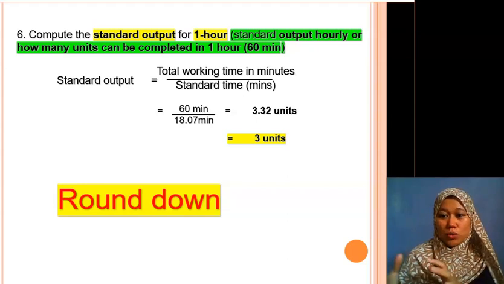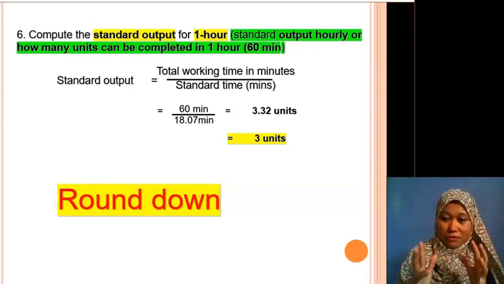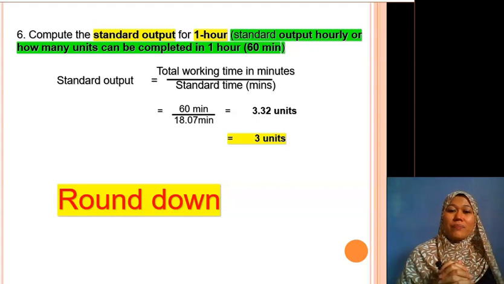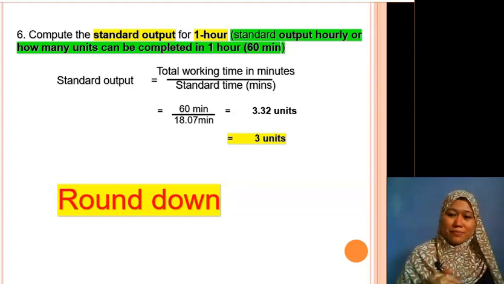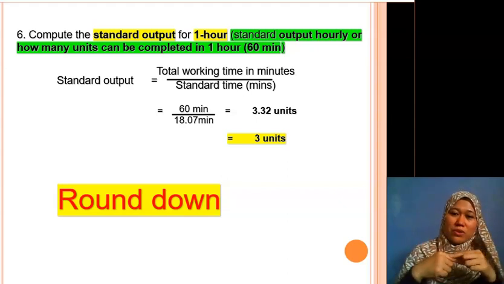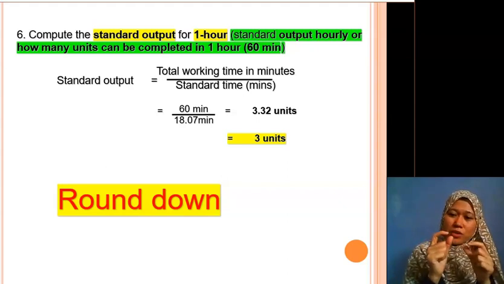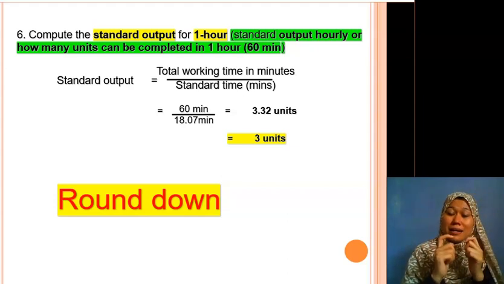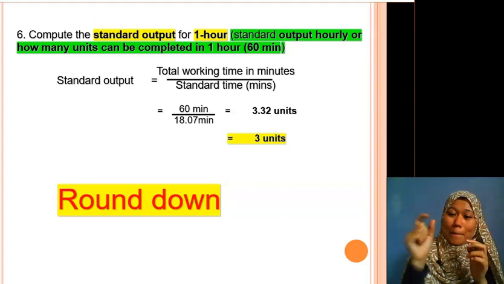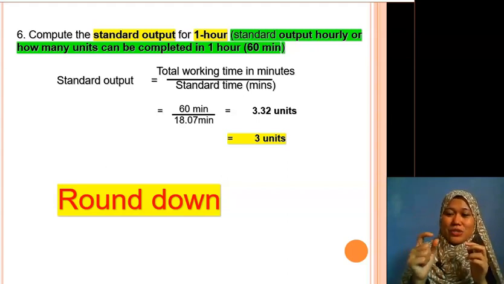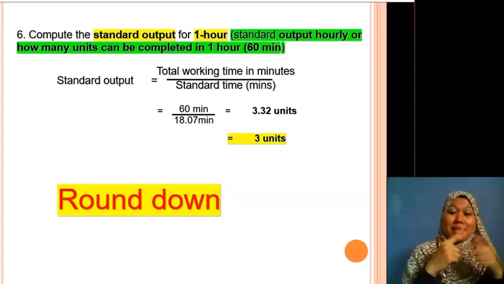So to be safe, you report that within 1 hour, you can complete about 3 sets only, 3 units only. Even though you almost finish at 3.9, you still have to say 3, because it's not completed yet. So be careful on that. You need to round down.